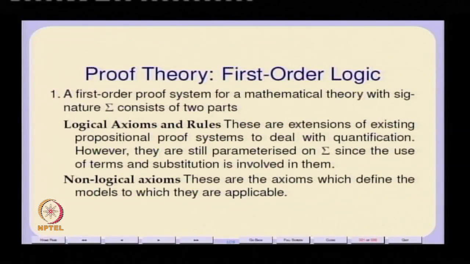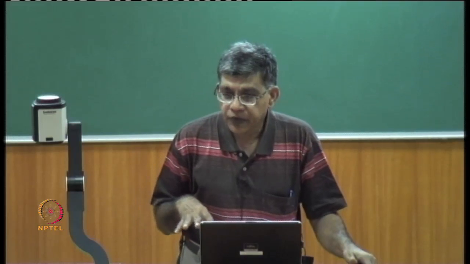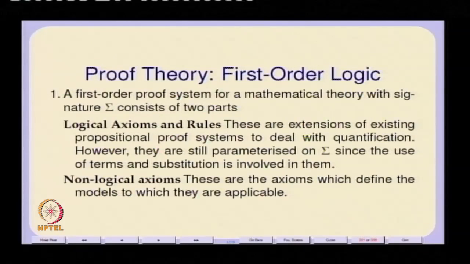So if you look at first order logic as a formal, syntactical descriptive mechanism of a mathematical theory, then firstly we require two kinds of axioms and proof rules. One is that, since we have quantifiers, we require axioms and proof rules for quantifiers. So those are the logical axioms and logical proof rules.